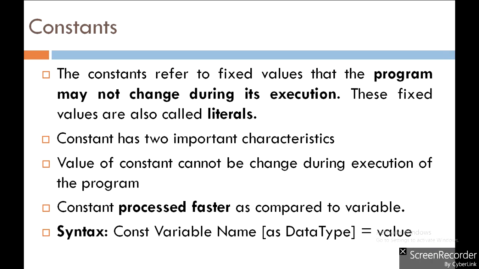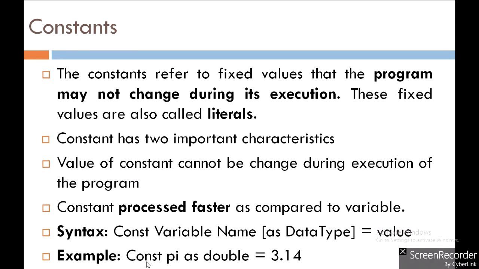The syntax of constant is Const, then variable name, then in square brackets I write As data type, that is the content of square bracket is optional. It may be ignored, equal to value.